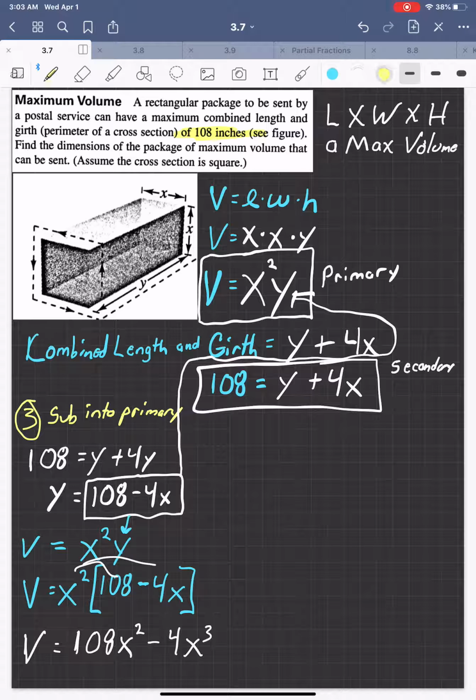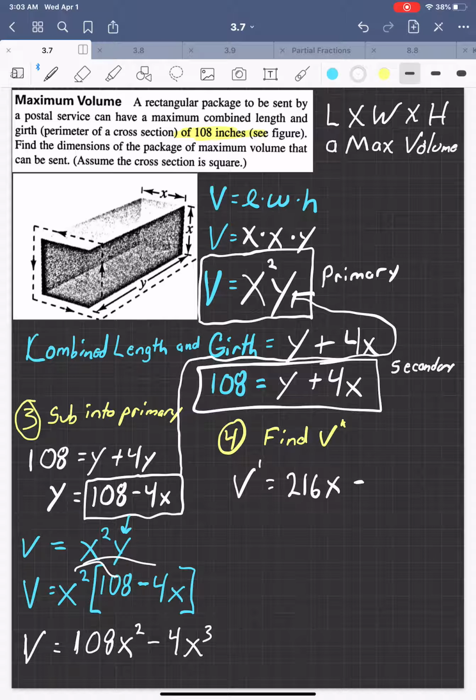Okay, ready? Let's go to the 4th step. Now we take the derivative and find V prime. So V prime is equal to 216x minus 12x squared. Step 5 is to find that critical number, so we set V prime equal to 0.